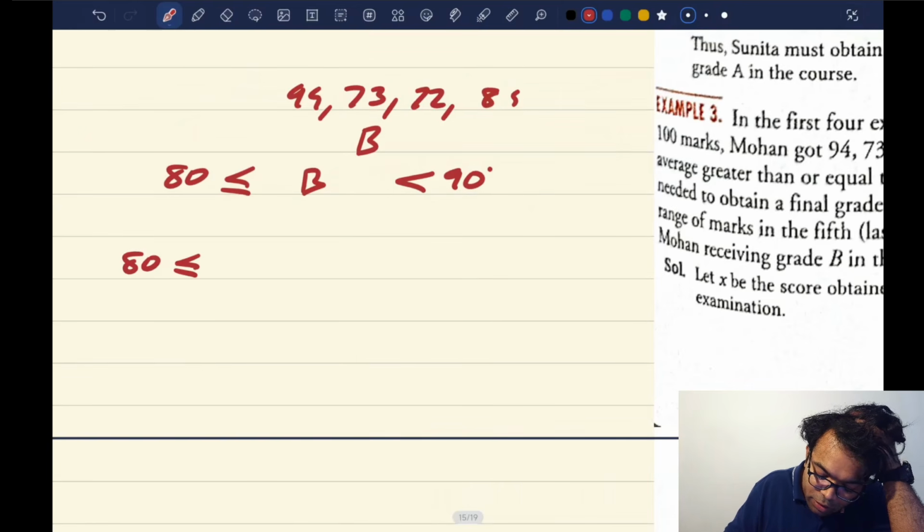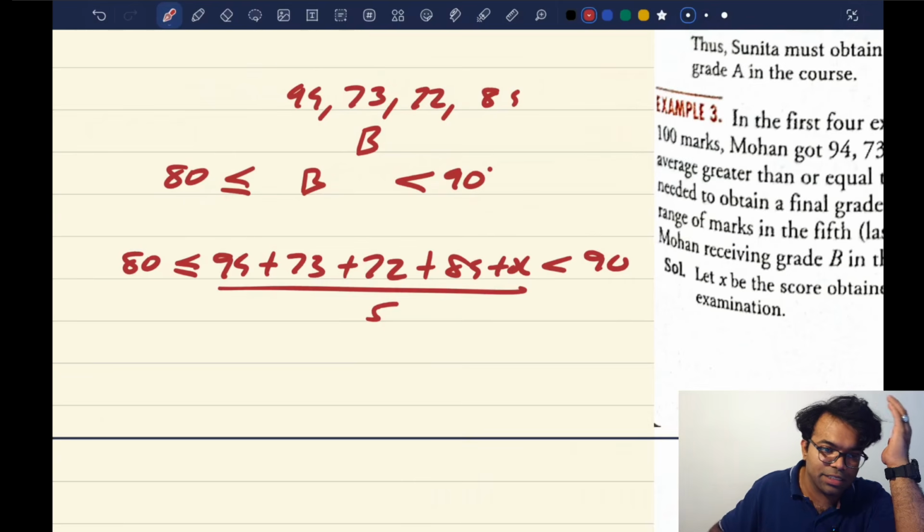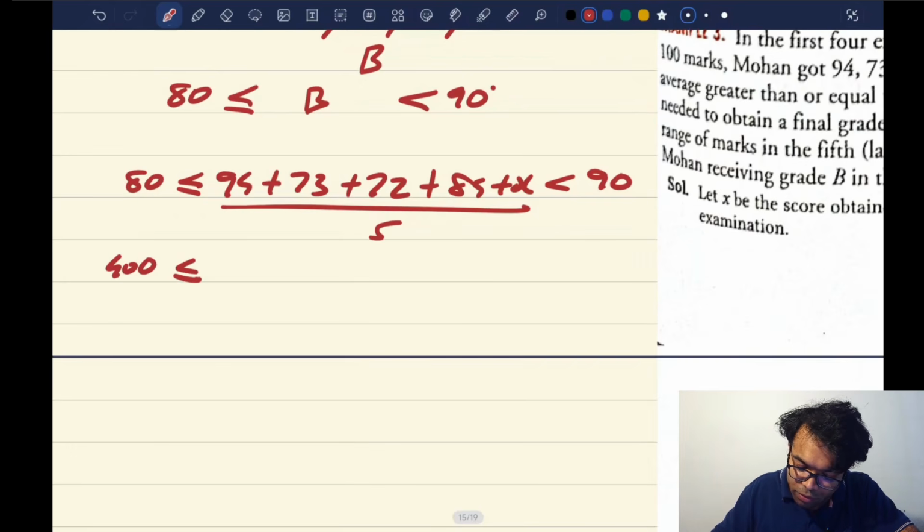80 is less than or equal to 94 plus 73 plus 72 plus 84 plus x upon 5 is less than 90. Understood? So 4, 4, 8, 10, 13, 17, 25, 32, plus x is less than 90.